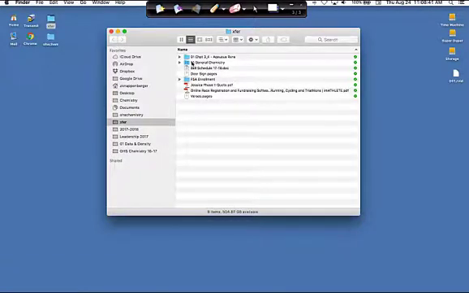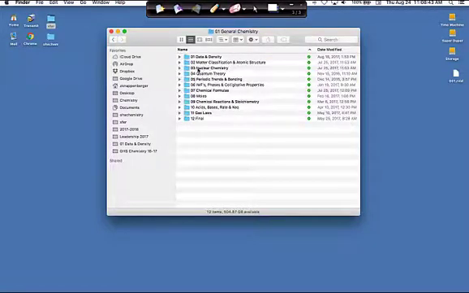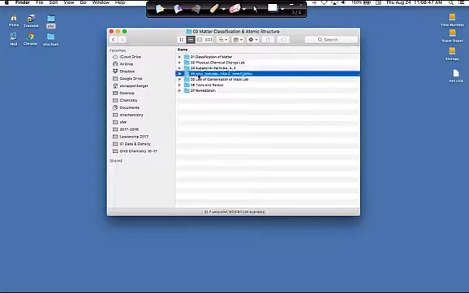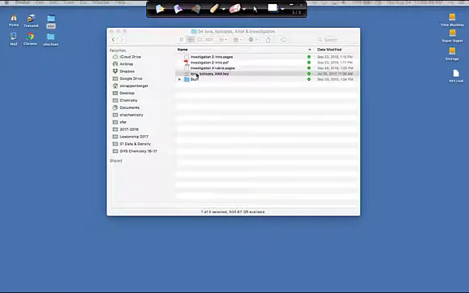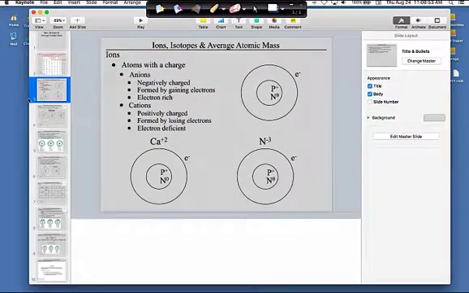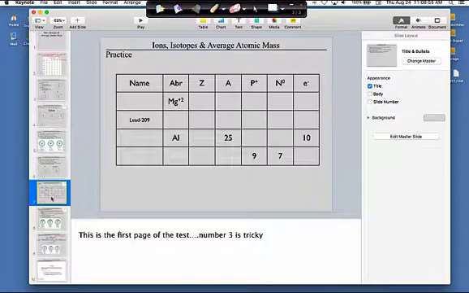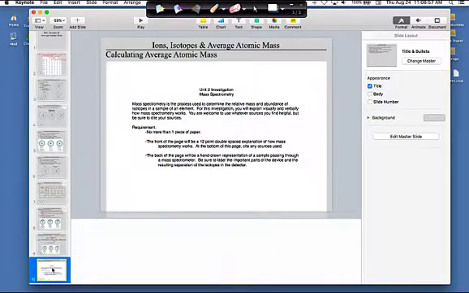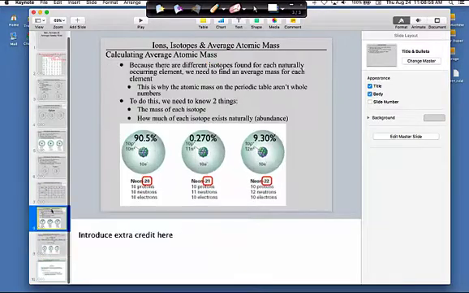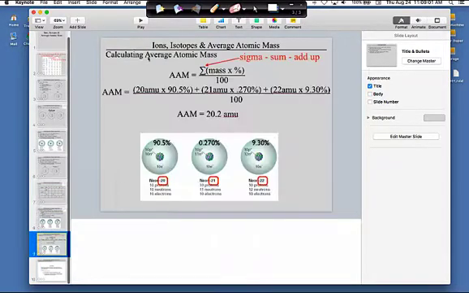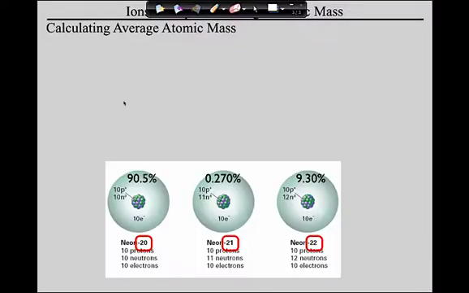We'll go here, general chemistry. Here, average atomic mass. There it is. Remember this? Where the average atomic mass is the sum of the masses times the abundances divided by 100.